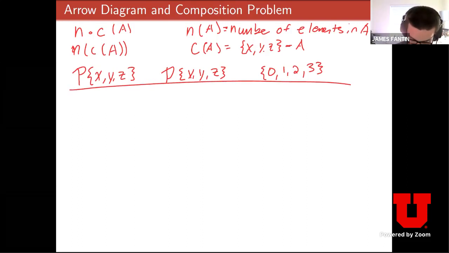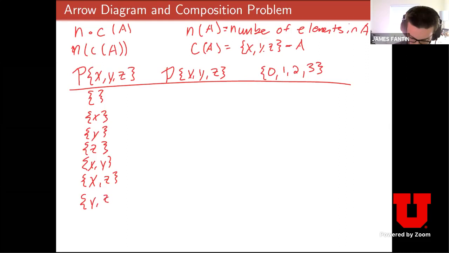So first I'll just write down all the values. In the power set of x, y, z, we've got the empty set, the set containing x, the set containing y, the set containing z, the set containing xy, the set containing xz, the set containing yz, and then the set containing xyz.